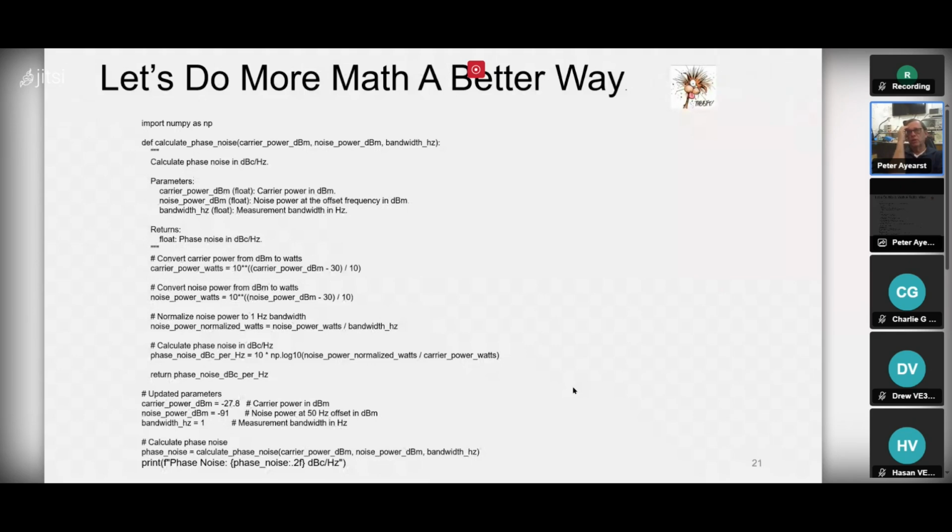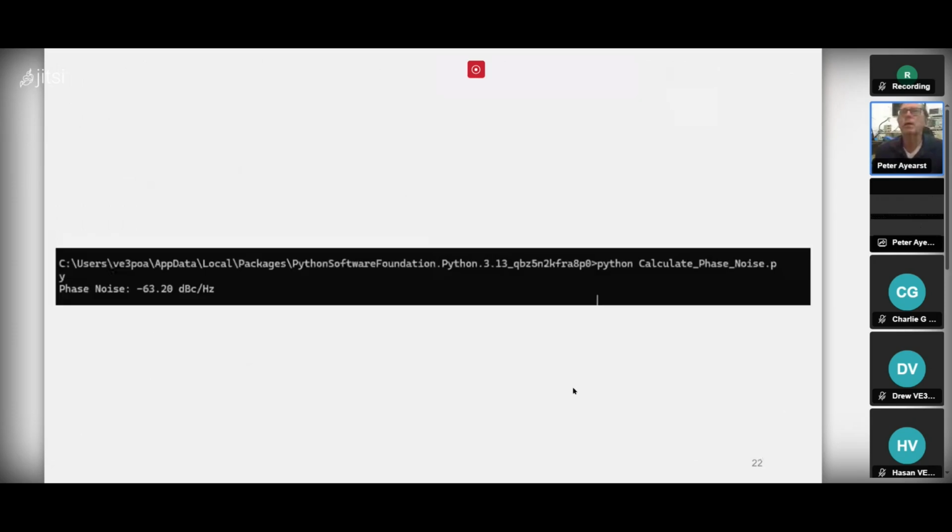And I thought, sure, why not? So it did that, and it worked great. It took me about 10 minutes to figure out how to get it to work properly, but it did. And here is the answer. It spat out the 63.2. So that was a much better way of doing it, but still, to me, it's a bit of an awkward way of going.